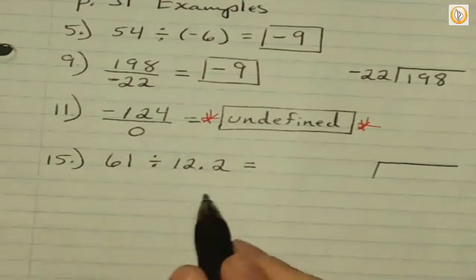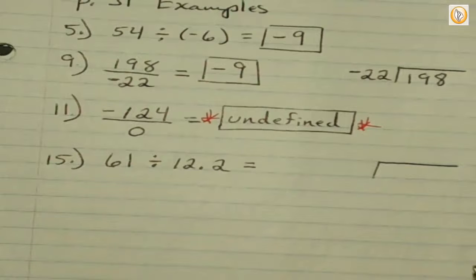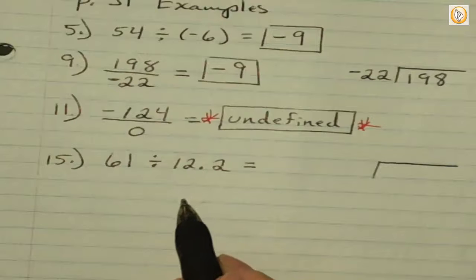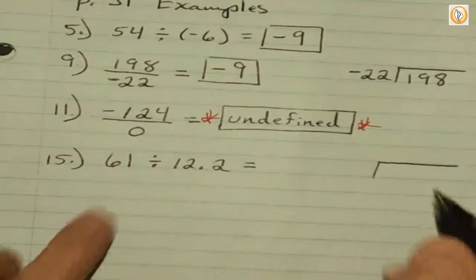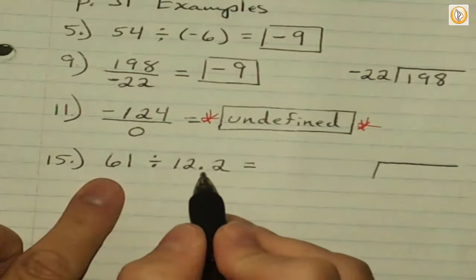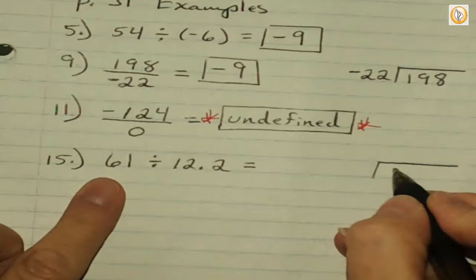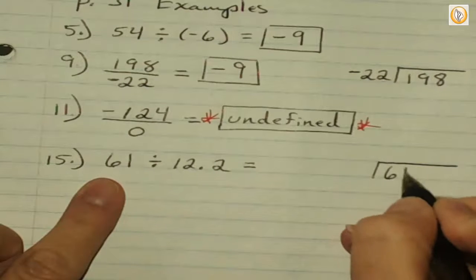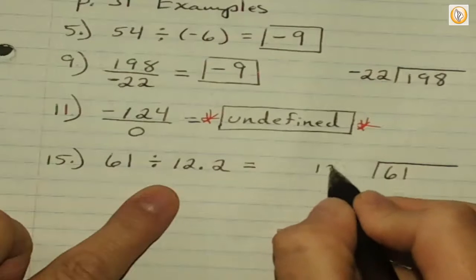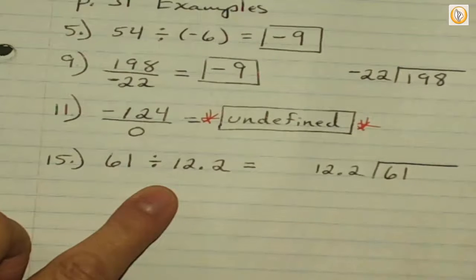When they're written like this, which number goes into the house first? The 61 or the 12.2? 61, because it's 61 divided by this. So 61 goes into the house. 12.2 goes on the outside.